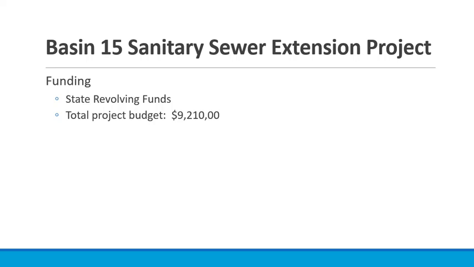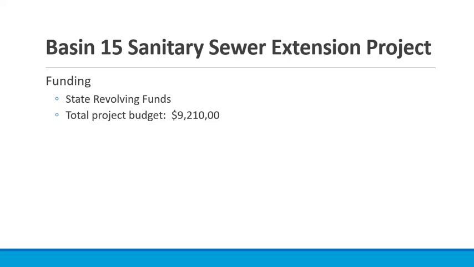I want to note that the project will be funded by State Revolving Funds, and so the goal is to also develop a facility plan for the phase 1 project work, which will be submitted well ahead of the phase 1 project and used to finance the phase 1 project.